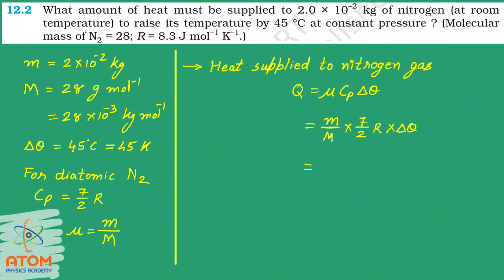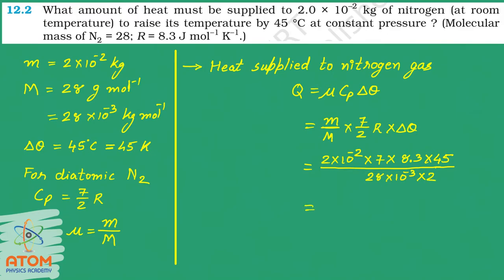Now here we can put all of the values. In the numerator, small m is given as 2 into 10 raised to minus 2, multiplied by 7, multiplied by the value of R, which is 8.3, and the temperature difference is 45. Divide by capital M, which is 28 into 10 raised to minus 3, multiplied by 2.